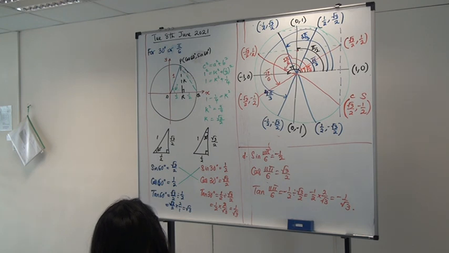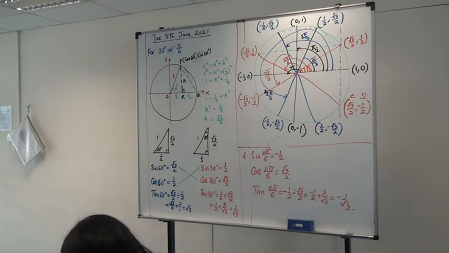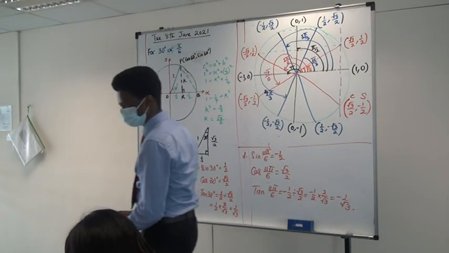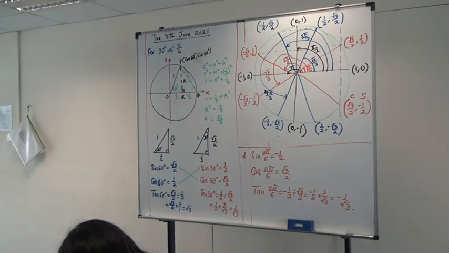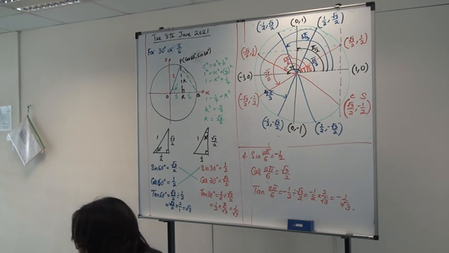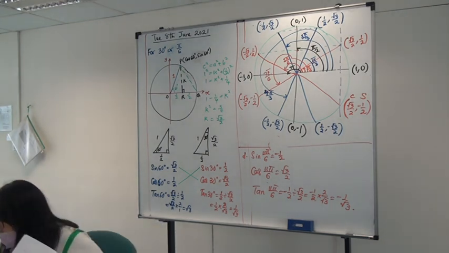Somebody has your worksheet. Is it easy to do? You just need to count how many pi over 6 when you move around it.